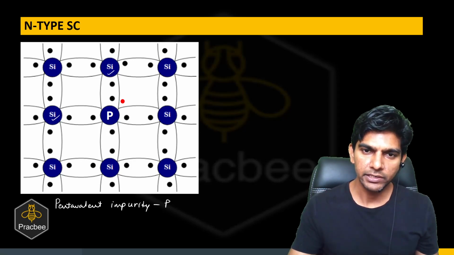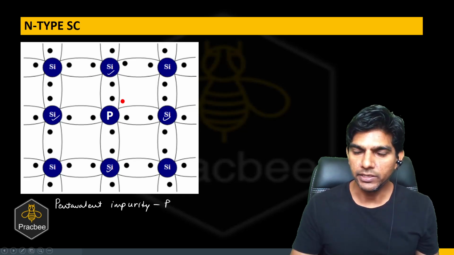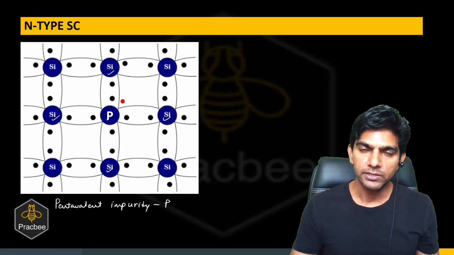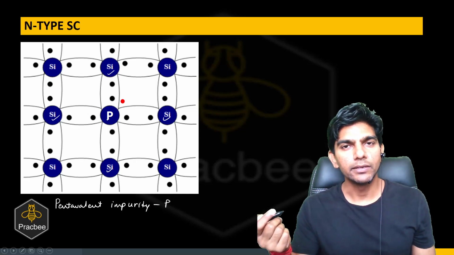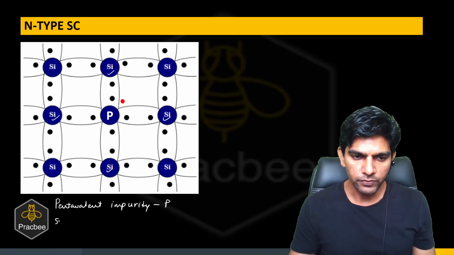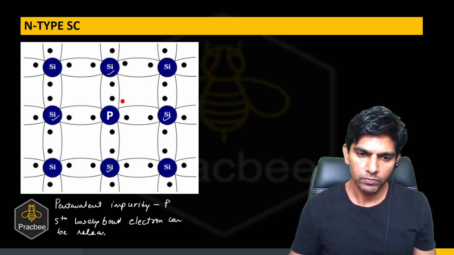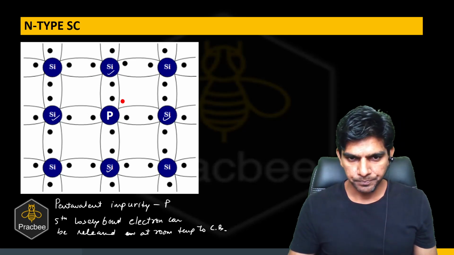The 5th electron, which is loosely bound to the phosphorus, can be released to the conduction band even at room temperature.